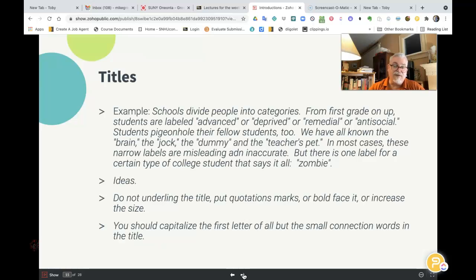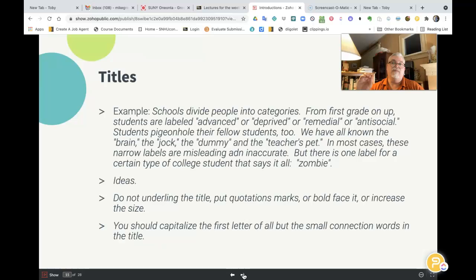You should capitalize the first letter of all but the small connecting words in the title, except the first word. So words that you normally wouldn't capitalize elsewhere in a sentence, if it's the first word of the title, it gets capitalized. That's the only exception. If you were calling it The Zombie, it would be capital T, The, capital Z, Zombie.